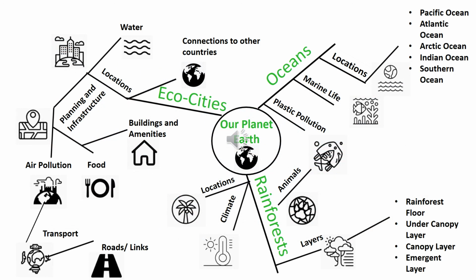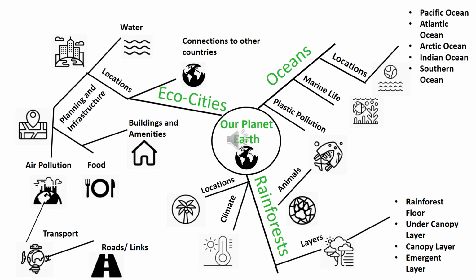On your graphic schema, start at the middle, go out to the left towards the eco-cities. You should now be able to talk about the importance of where you plan the eco-city, so the connections to other countries, the locations, the planning and the infrastructure. Why is it important to be near water?